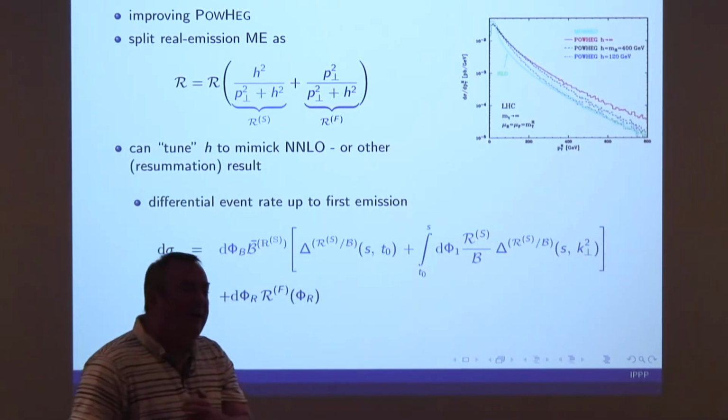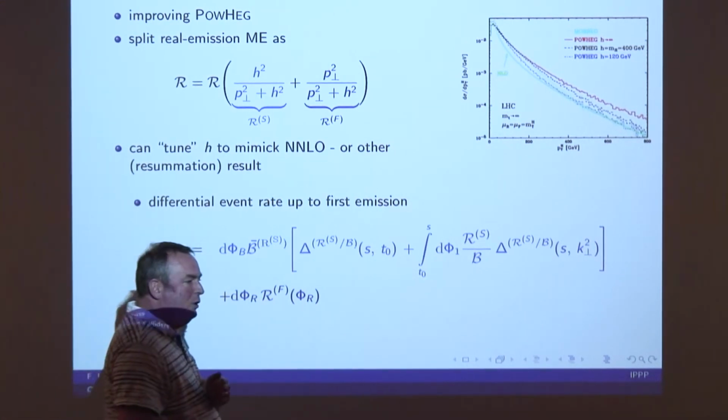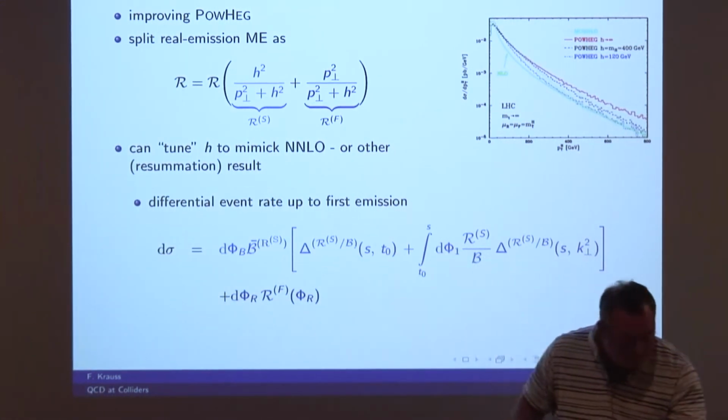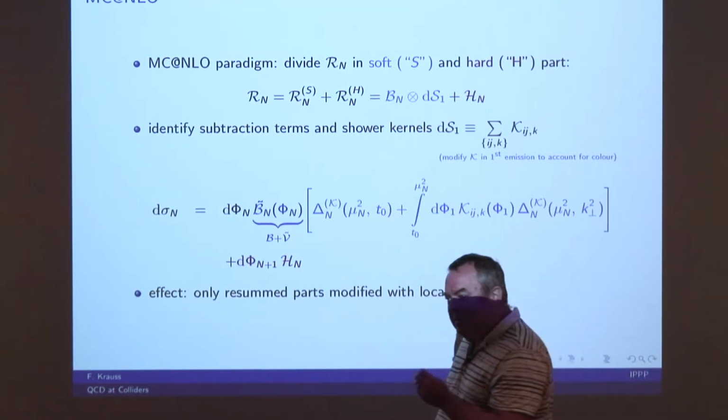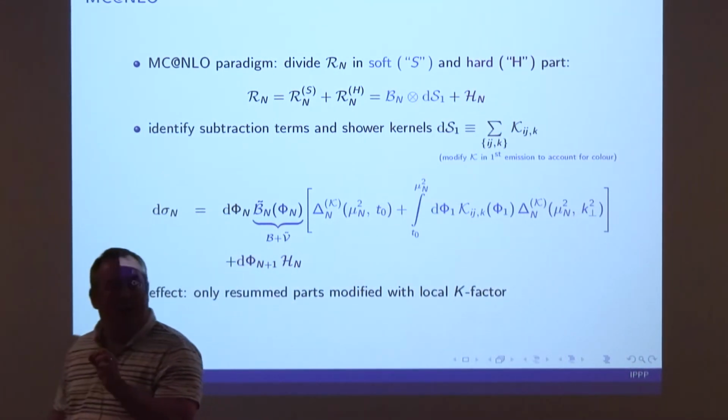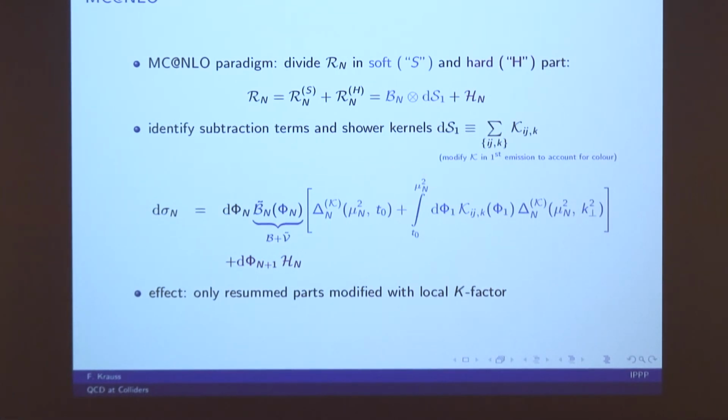Hmm? And now we can do the same, and this is pretty much my last slide for today. You can do the same thing with MC@NLO. Now in MC@NLO you also do soft versus hard, but instead of doing it with a scale, you say, we actually know what soft physics is, the soft collinear bit. It's done by the parton shower.